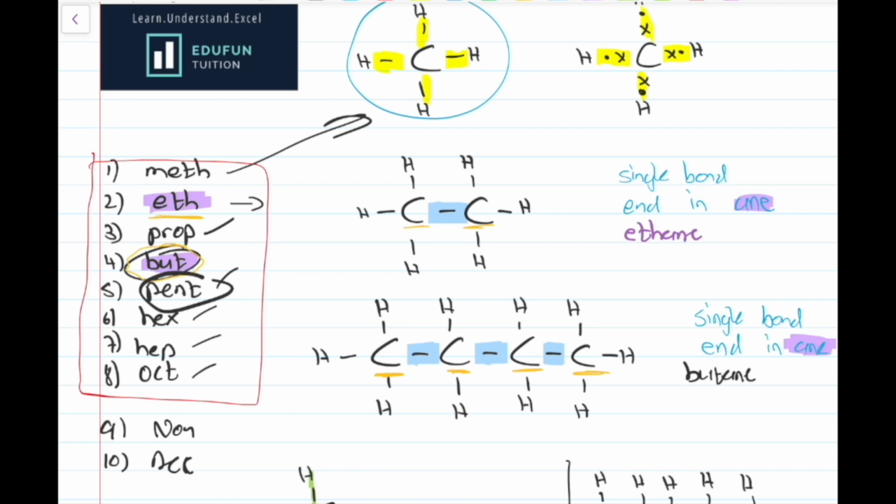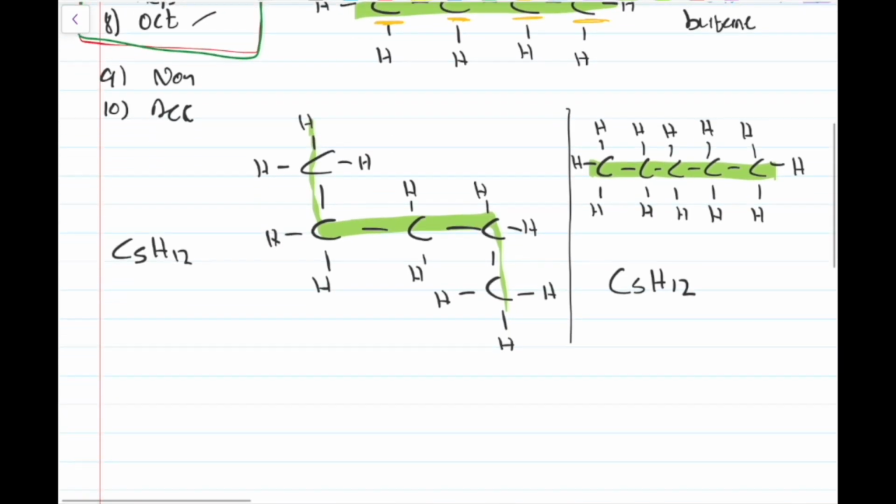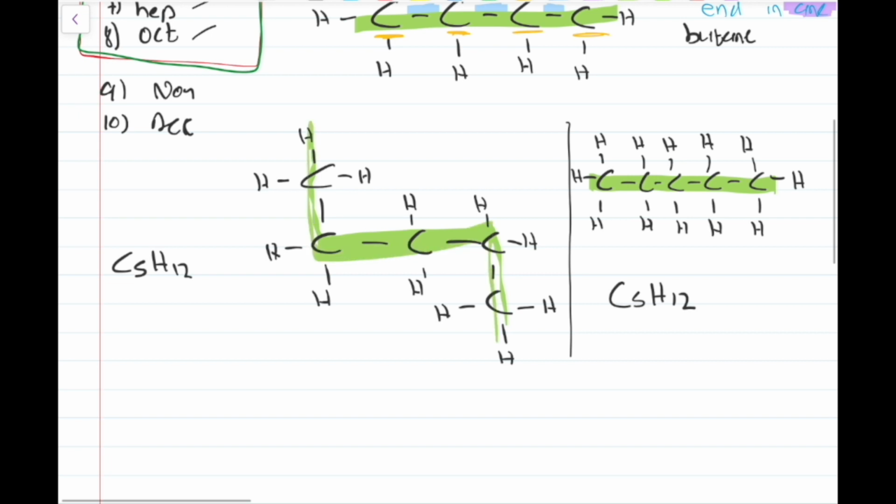Most importantly, understand how the number of carbons relates to the prefix of the name: meth, eth, prop, but, pent, hex, hept, oct. And understanding the one continuous chain thing is very important, like we've explained here.